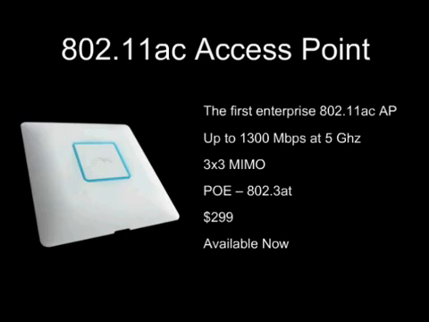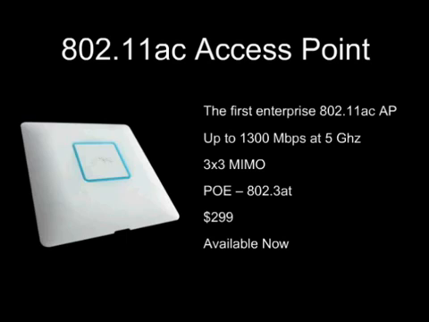It's a 3x3 device. It has PoE capabilities, and this access point has an MSRP of $299. So in most cases, our most capable access point is priced about the same as most of our competitors' most basic access point. And again, all of our APs include the terrific UniFi controller.